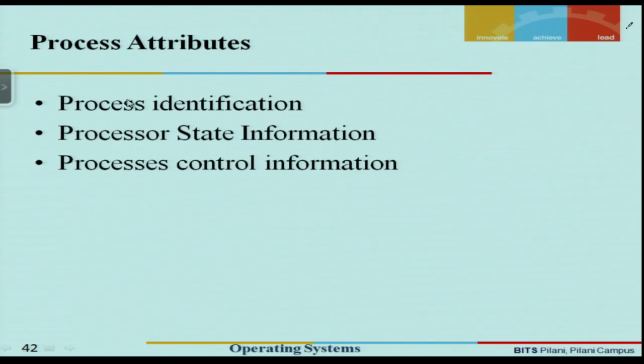The important things which constitute the process attributes are process identification, the elements by which the process can be identified, then processor state information, that is, while the process is executing on a processor, what the processor state is, and then finally process control information.